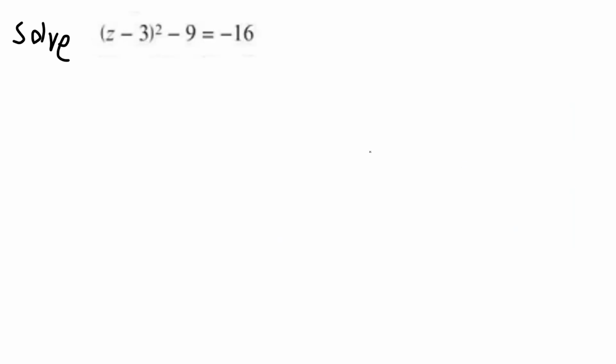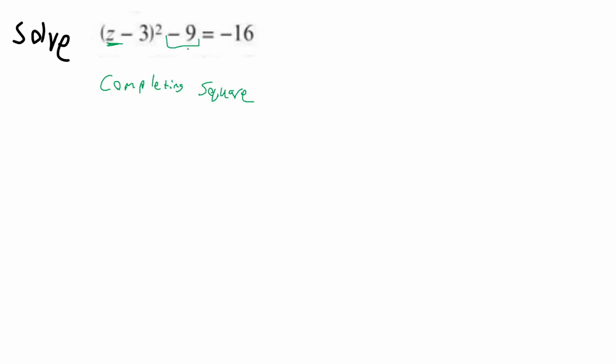Now let's look at this one. This time we're asked to solve this equation. And how are we going to do that? Well, the first thing we're going to do is, we know this is in the completing the square form. So what we want to do is make z the subject.